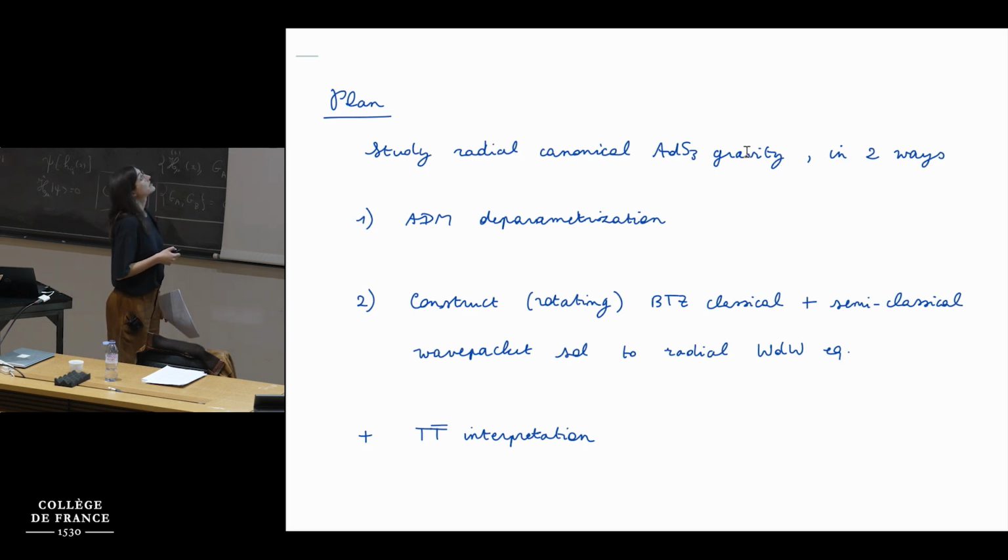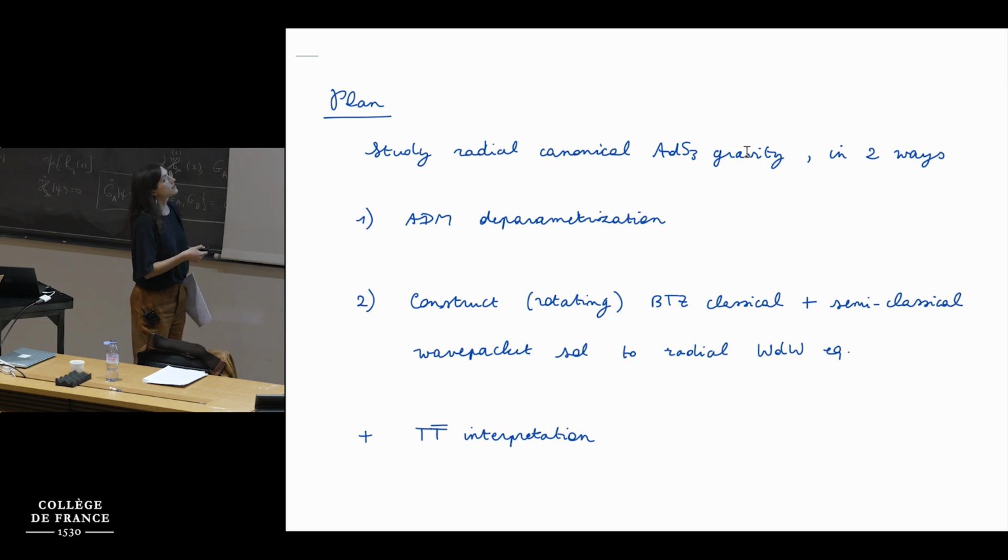So the plan now is to study radial canonical AdS3 gravity, as I mentioned, the radial Wheeler-DeWitt equation. And we'll study this in two ways. The first is using an ADM deparametrization strategy.